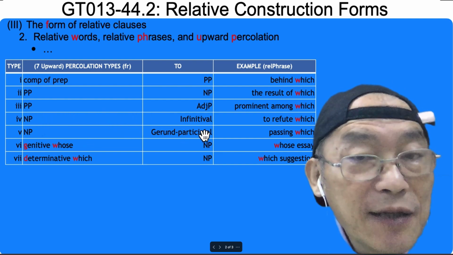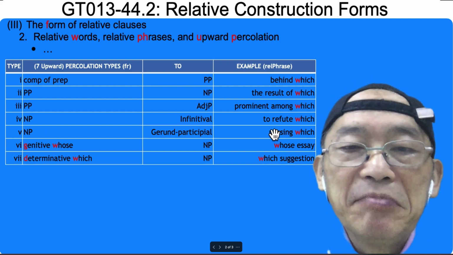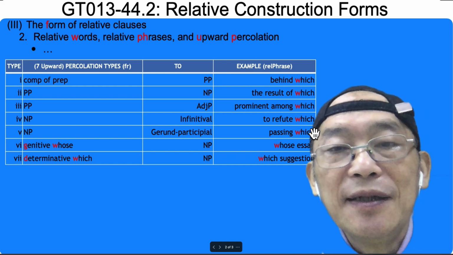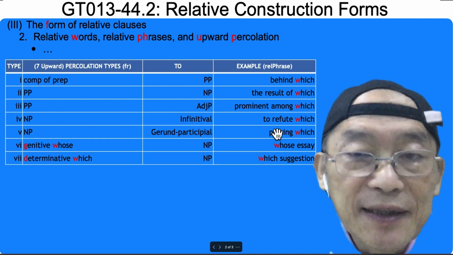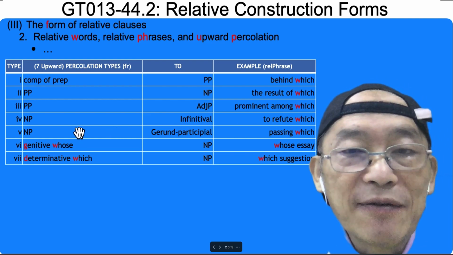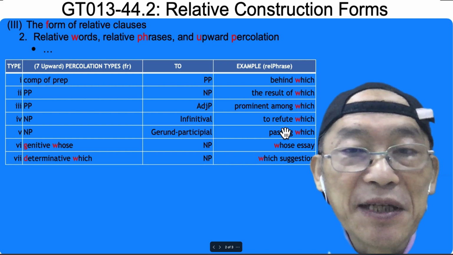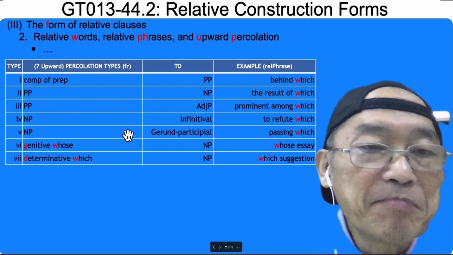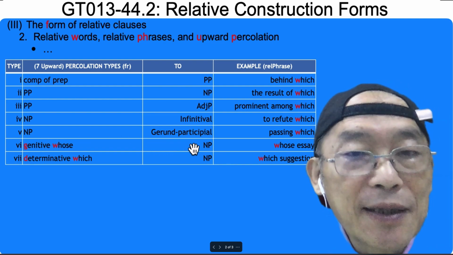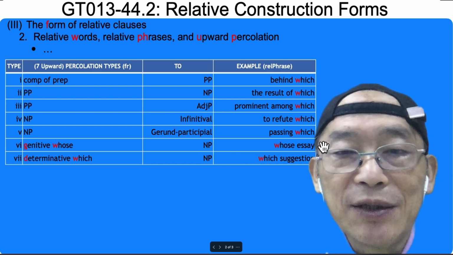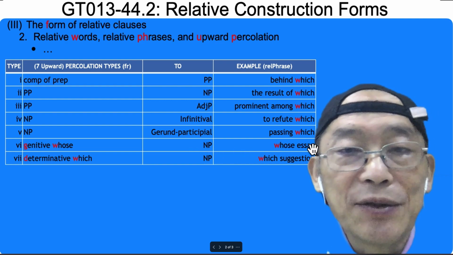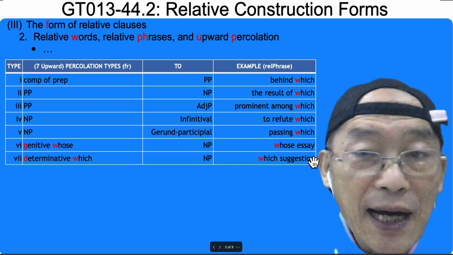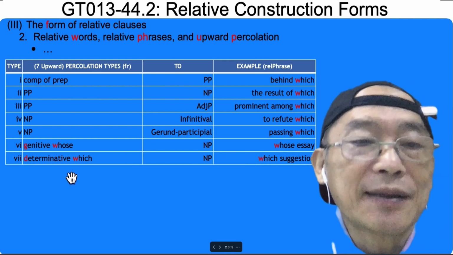From noun phrase to infinitival, let's check. To infinitival, there must be a verb. So this is the object for the verb of the infinitival. So from noun phrase to infinitival, yep, this whole thing is an infinitival. From noun phrase to gerund participle. Let's check, passing which, yeah, gerund, passing which. Genitive, yep, whose essay, whose house, whose car, type 6.